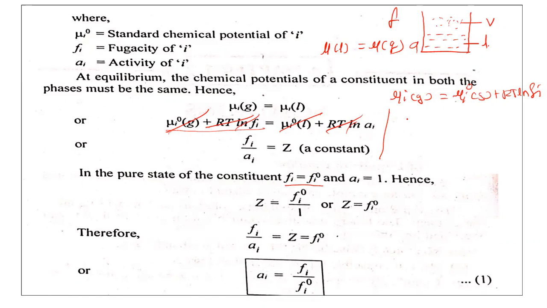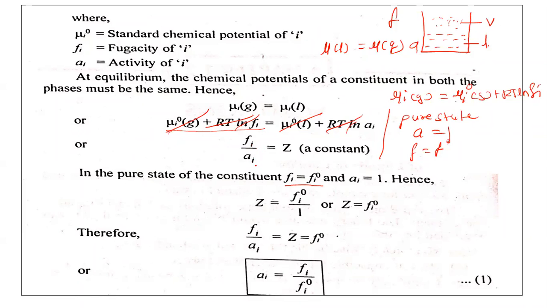When a liquid or a gas is in the pure state, the activity can be taken as unity, the pure or standard state, and the fugacity is equal to the standard fugacity. So remember this: in the pure state of the constituent, Fi is equal to Fi0 and Ai is equal to 1. Hence this equation can be written now.